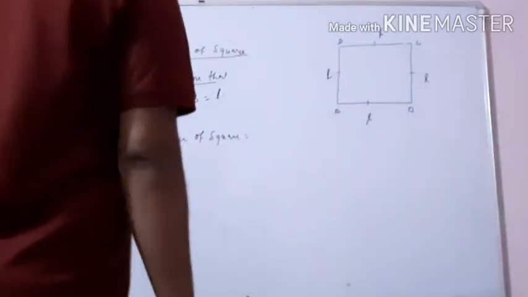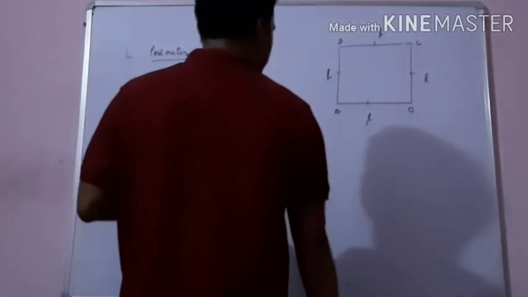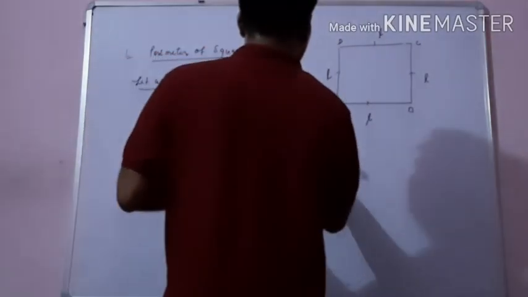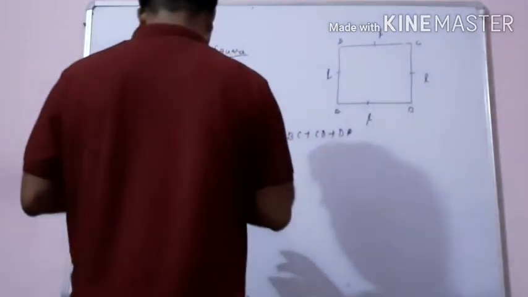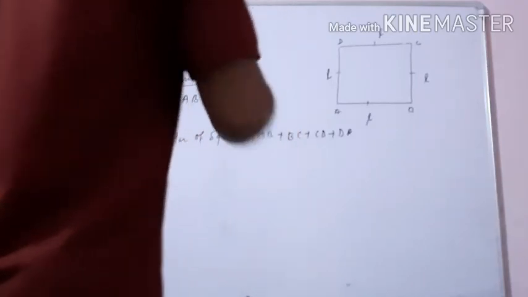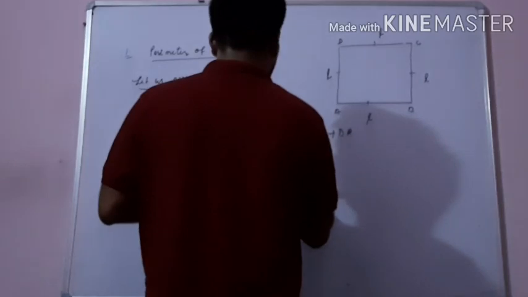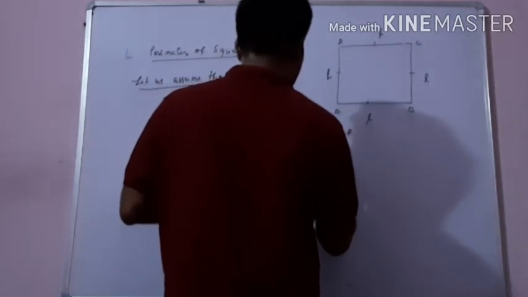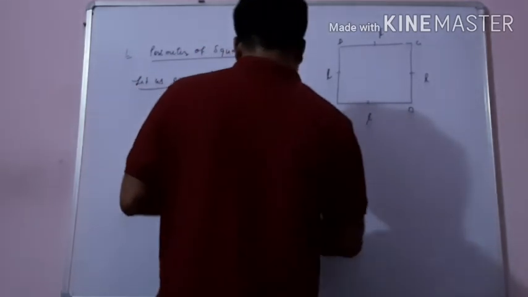So the perimeter of the square will be AB plus BC plus CD plus DA. What is the value of AB, L, BC, L, CD, L, DA, L? So it will be 4L.